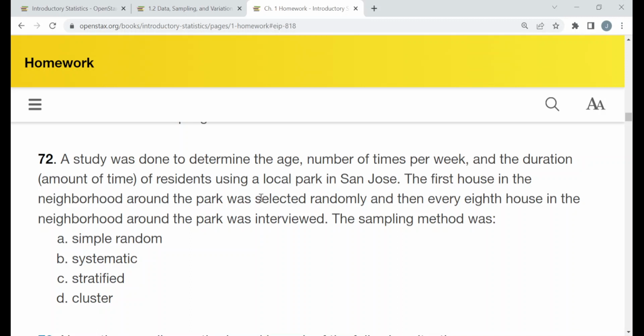The first house in the neighborhood around the park was selected randomly, and then every 8th house in the neighborhood around the park was interviewed. This is an example of B again, systematic sampling. First, a house is chosen at random, and then the rest of the sample is selected by going every 8th house after that. That's systematic sampling.